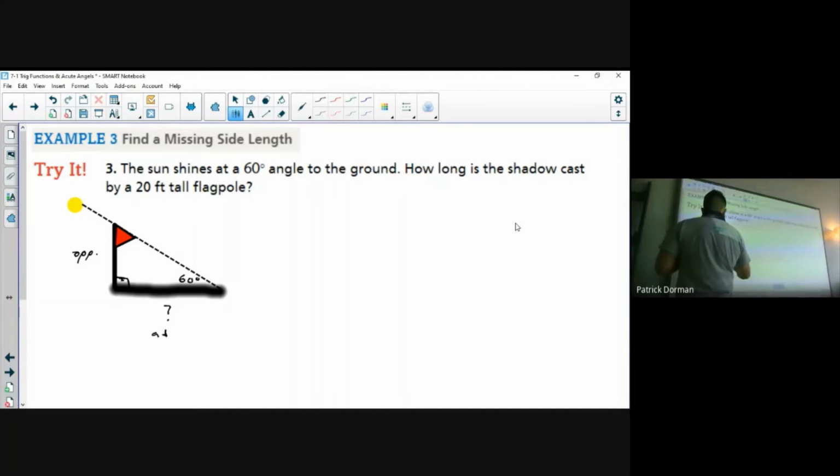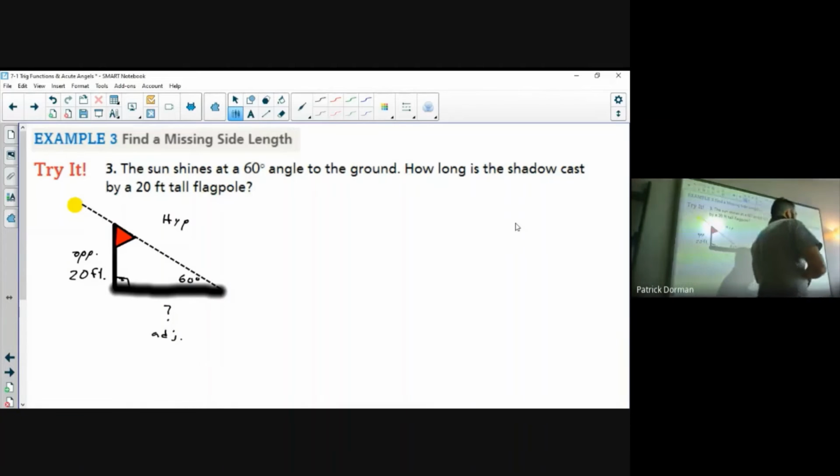This is adjacent. I don't know if we need it or not, but figure we'll write it down to get used to it. So we will need to know how long that is. We know that this is 20 feet. Cool. Just filling in some information in the picture, right? It's a really great thing to do.